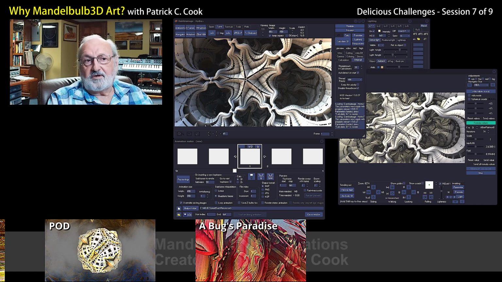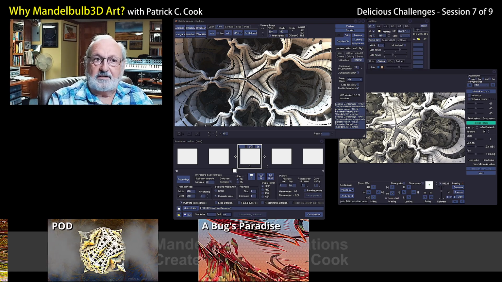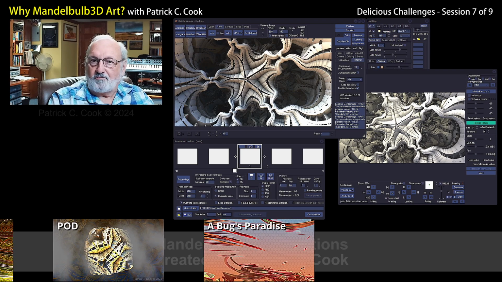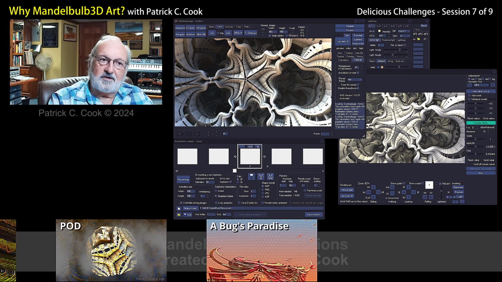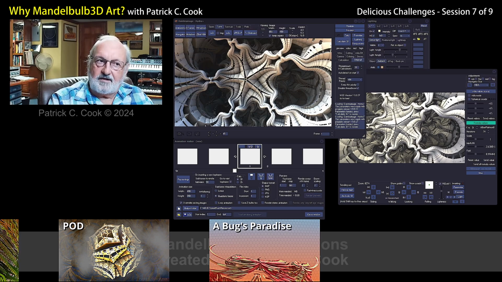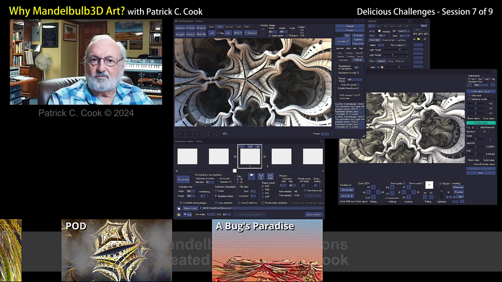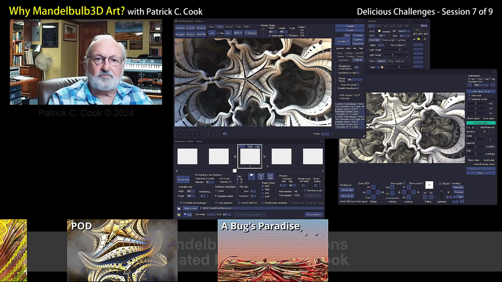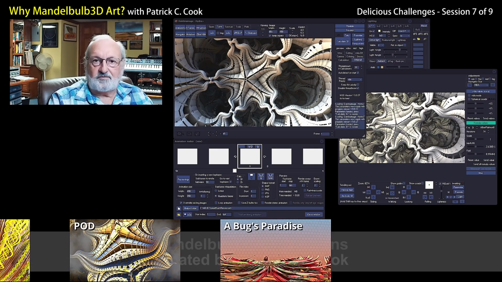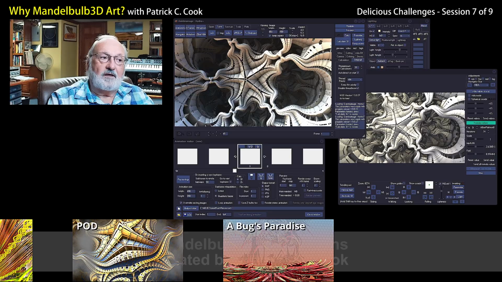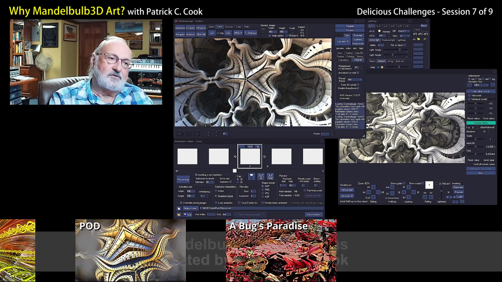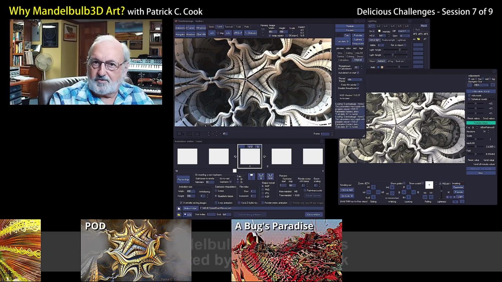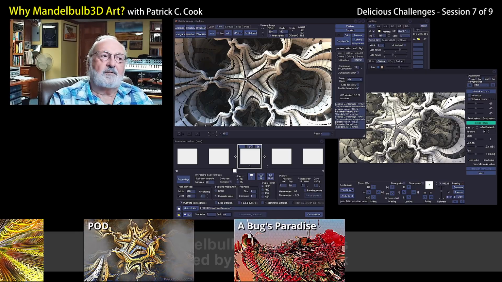All right, that's one area that the Mandelbulb 3D can be challenging. And if you get over that, you're going to be fine. If you fully embrace the aspect of working with generative fractal art, if you fully embrace the discovery process, you're going to have a wonderful time.